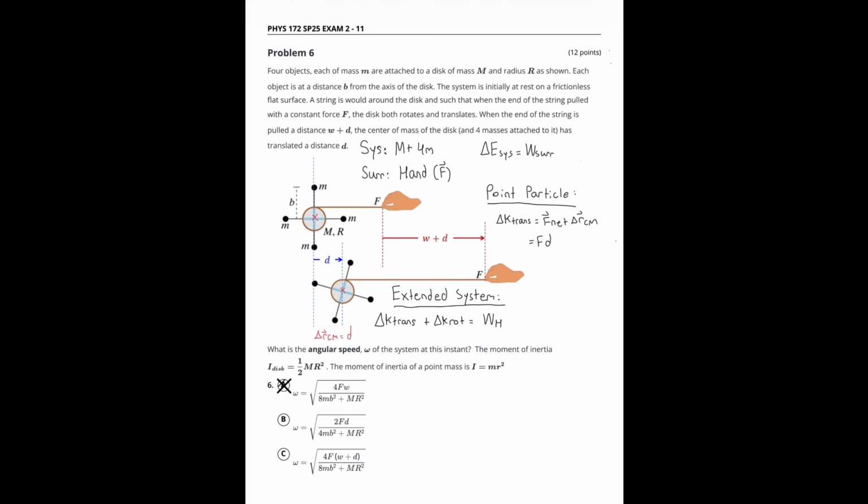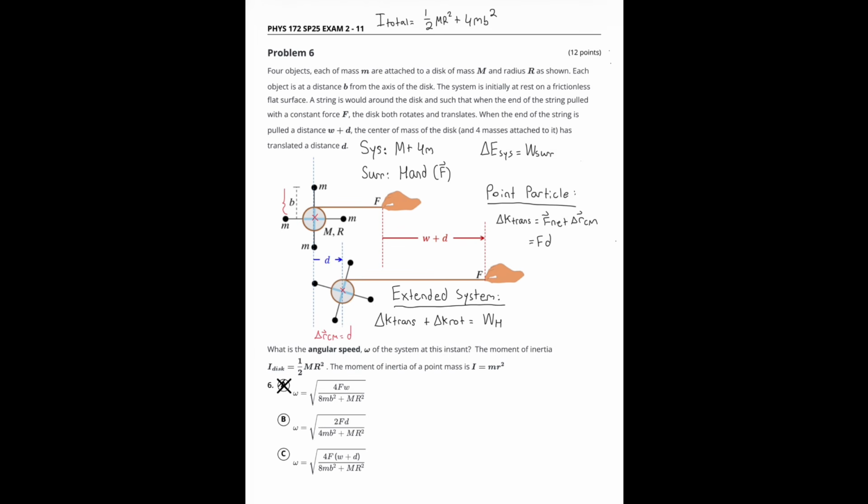So we also have to consider the total inertia. I'll call it I total is equal to our disk, 1/2 mr squared, plus 4 times our point mass, so 4 times mb squared, since the distance here is denoted by b.